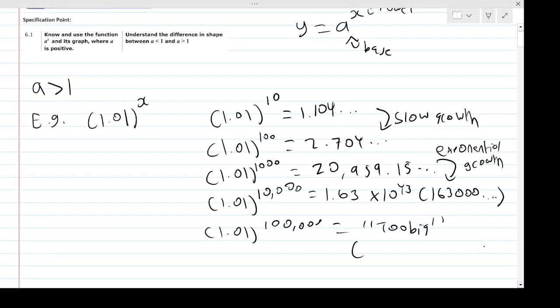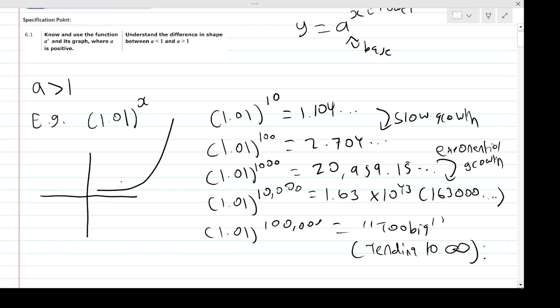So when I say too big, it basically means it's tending to infinity. So what that means is in the long term, if I draw a little rough sketch, it needs to shoot up like this. So you can see at the start there's a slow growth, it's very slowly going up, and then it shoots up. That's an exponential growth, okay? So that's what's happening when x gets bigger to infinity.